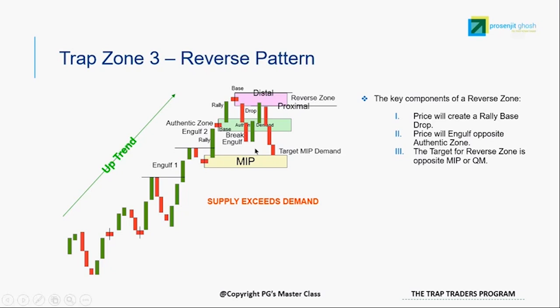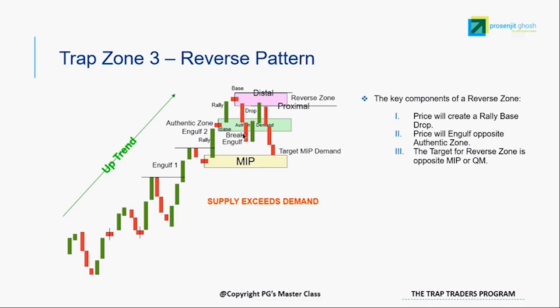Okay, so even if at this place, this authentic zone could have been this MIP as well. No issues. If it gets engulfed, you can take the trade. There can be n number of authentic zones.